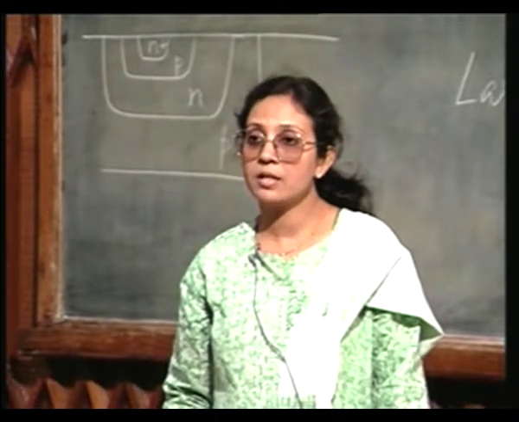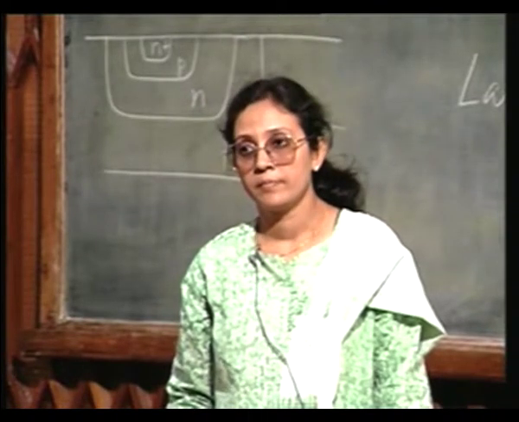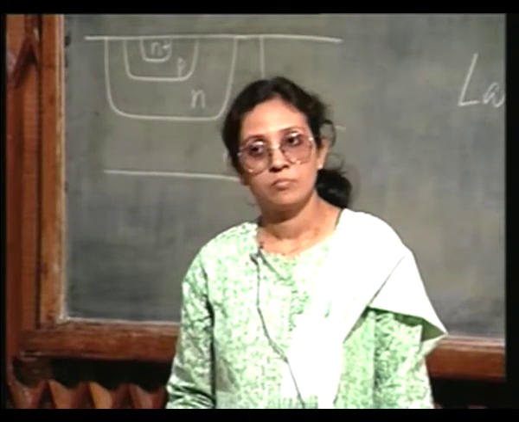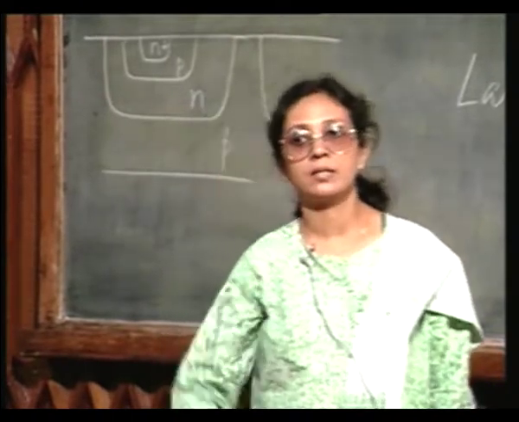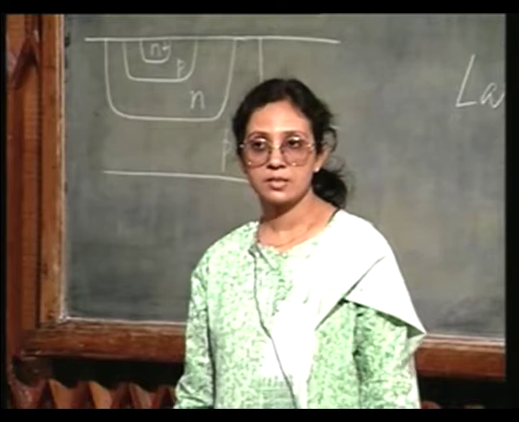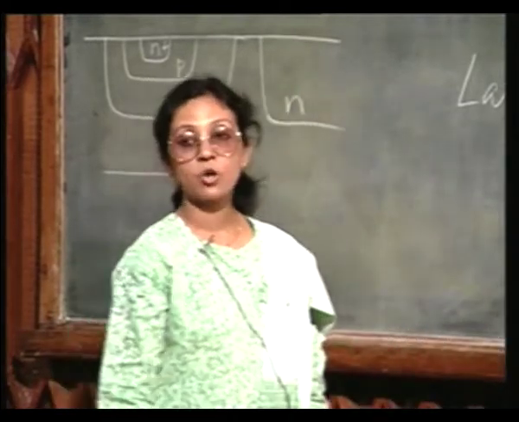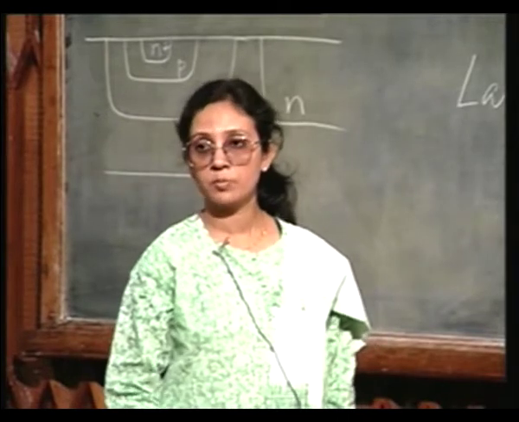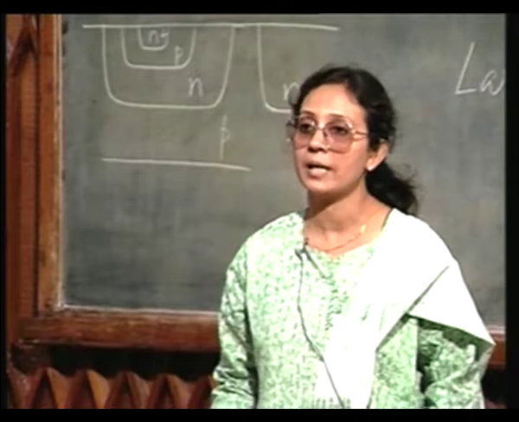So, your collector resistance will be considerably high. Even though you get some improvement in packing density, your collector resistance of the transistor will be extremely high. So, this was not found to be very suitable.